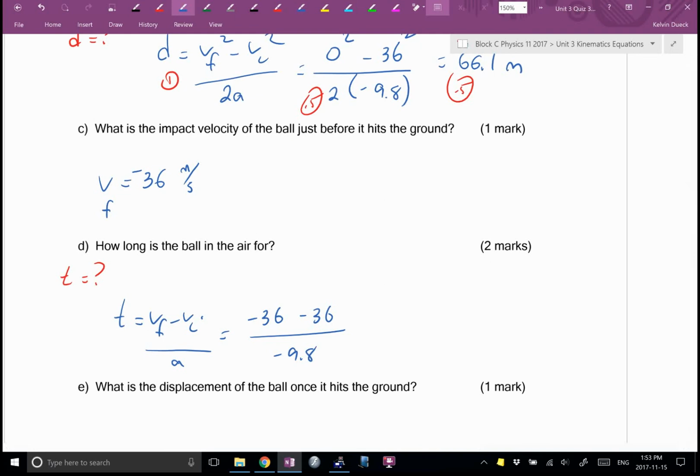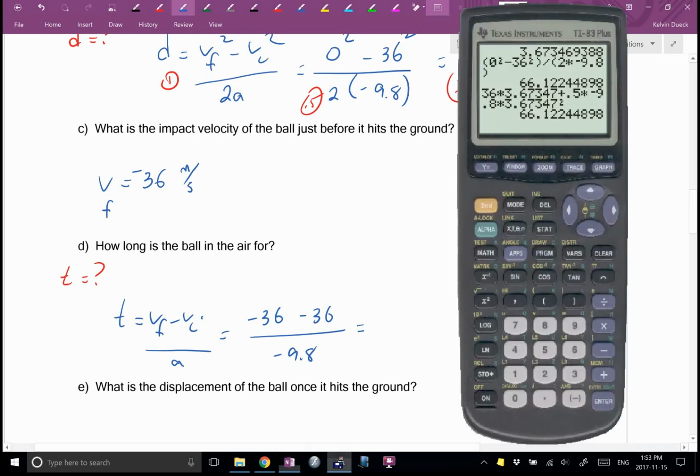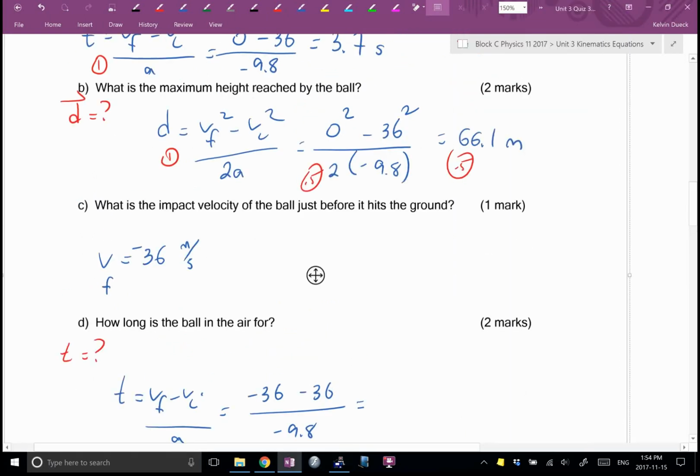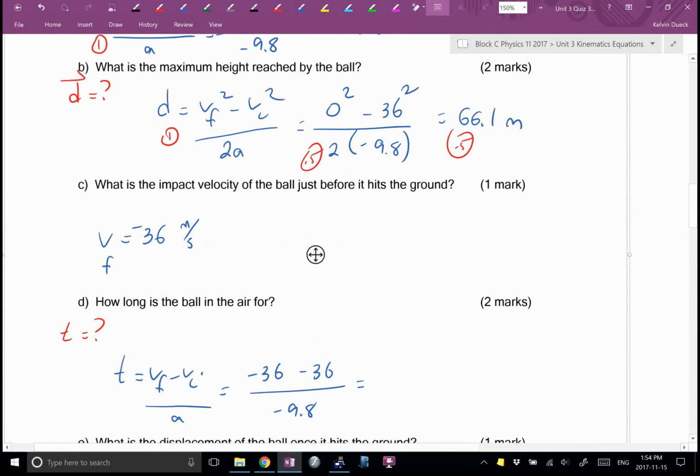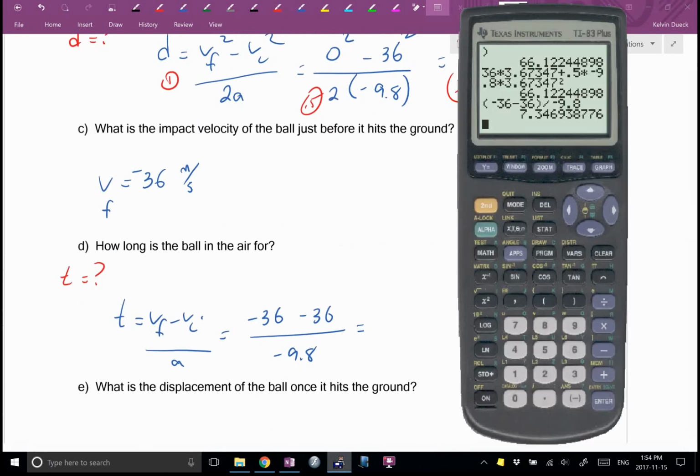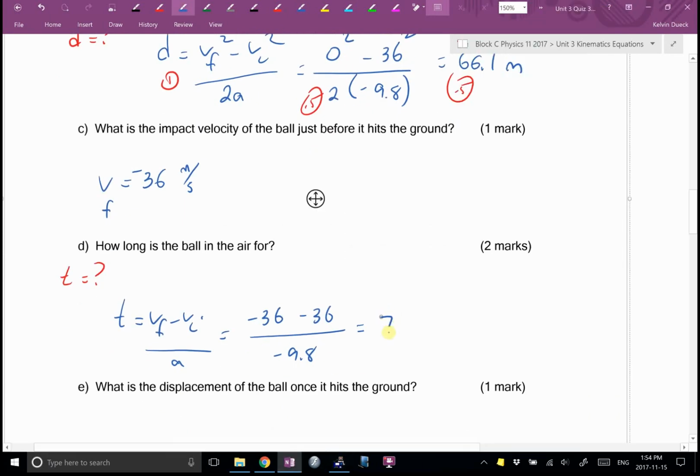I'd rather get there in one step because I'm lazy. Negative 36 minus 36 divided by negative 9.8. You get 7.3469. How many sig figs should I do here, actually? 2? So I'll go 7.3 seconds.